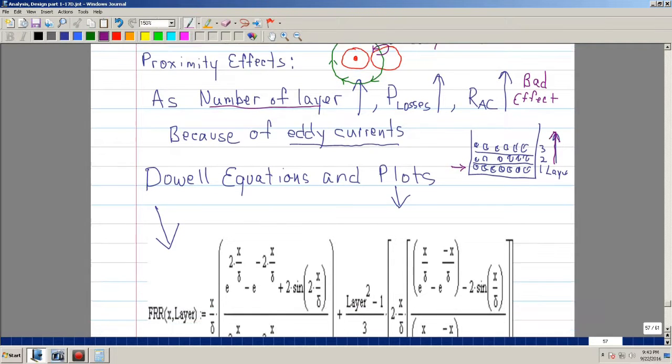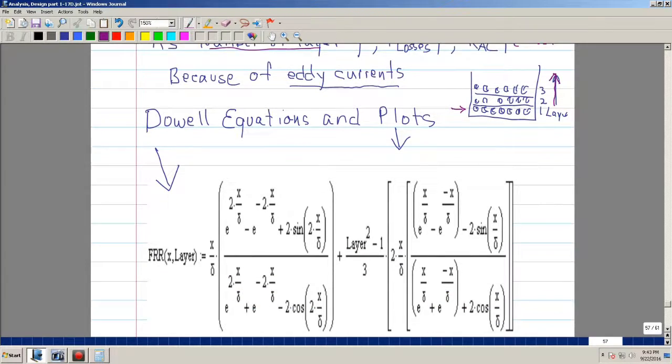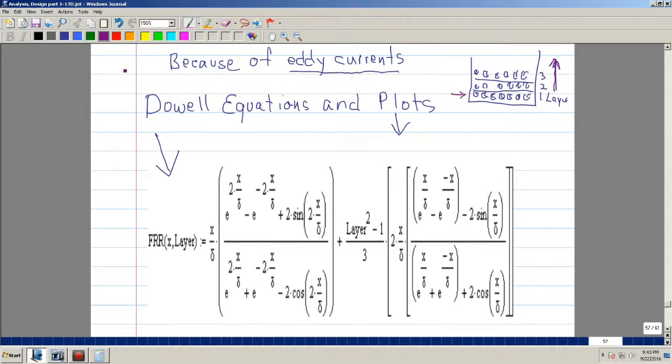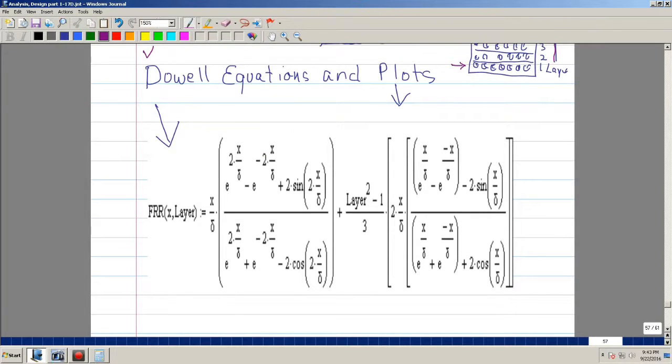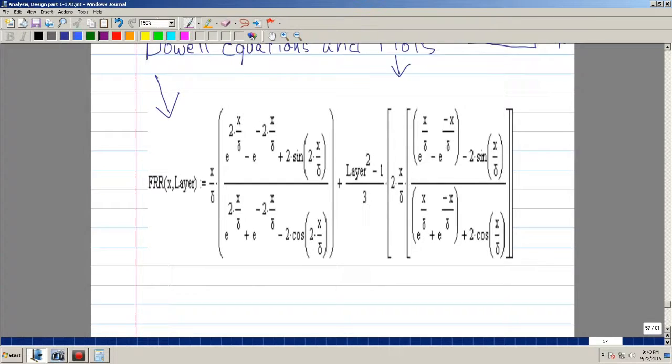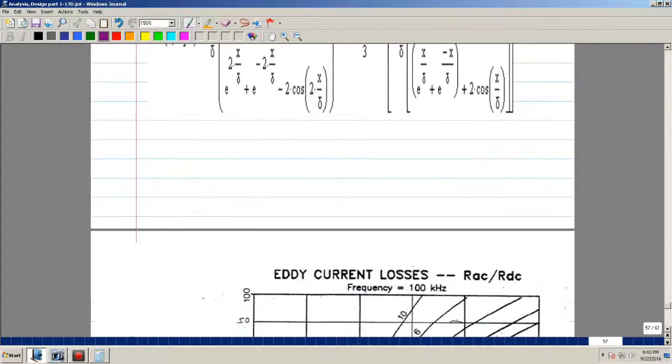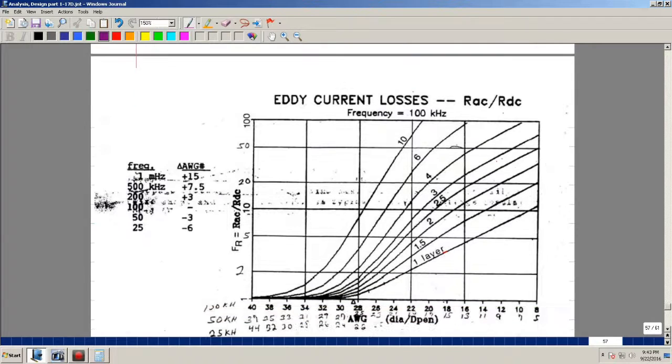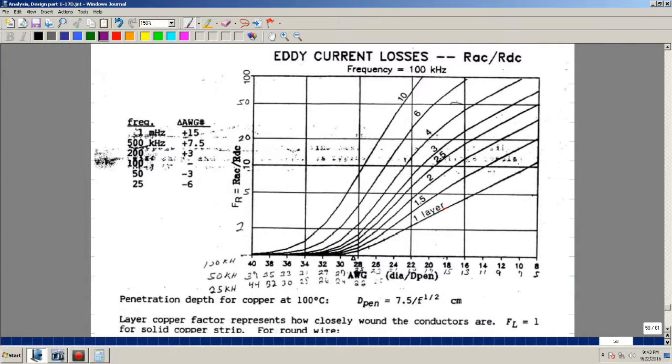And that can be explained from what is called the Dowell equation and plots. Okay? So this is the Dowell equation. You can put this in MathCAD or Excel, or you can look up your Dowell plots.